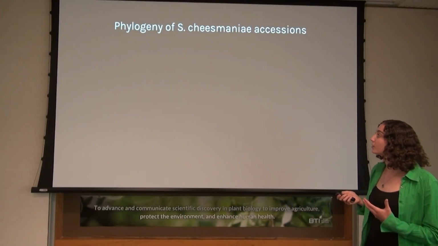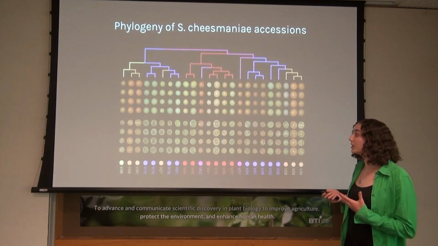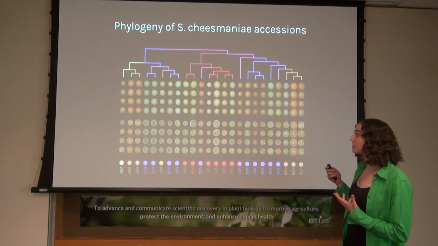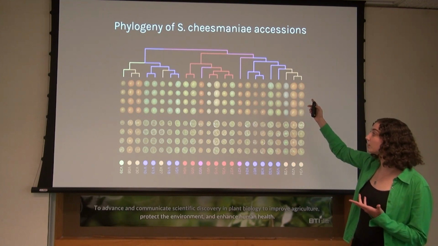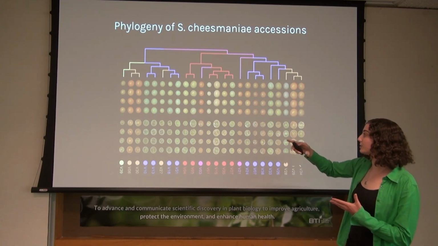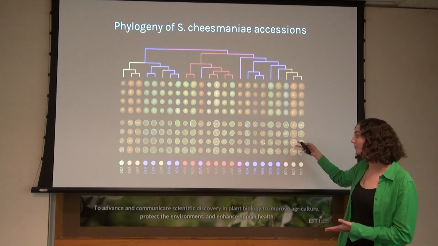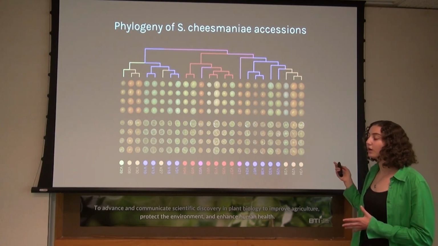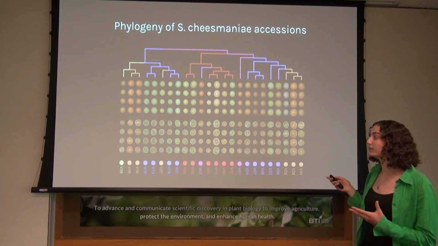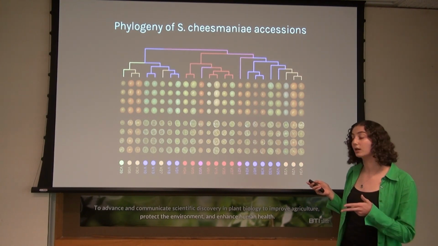And next, I just want to show that you can look at the phylogeny of the different accessions. We have some SNP data here that we used to create a tree, and this is plotting some whole fruit as well as some cut fruit across the different islands, and you can see that there are some patterns that we can look for in the size and shape and the color of the fruit.